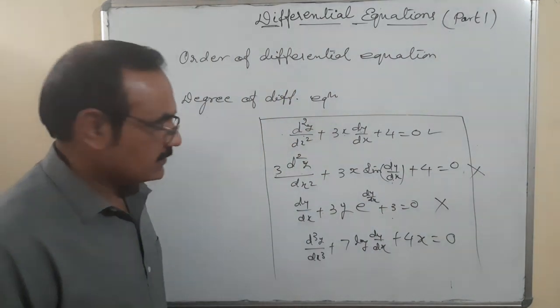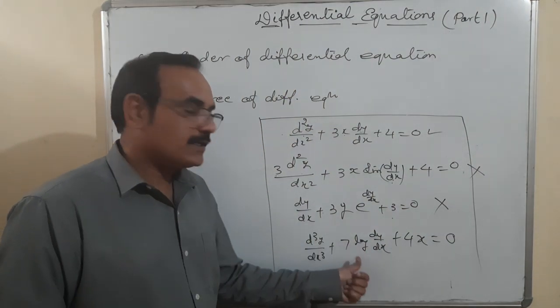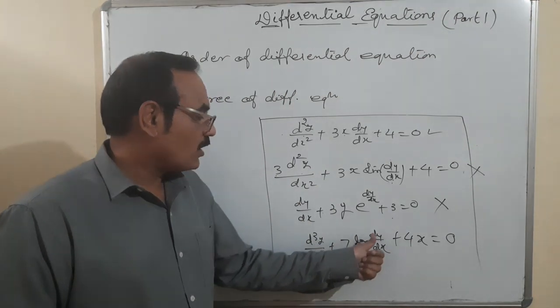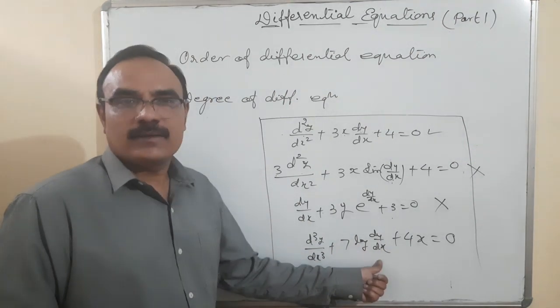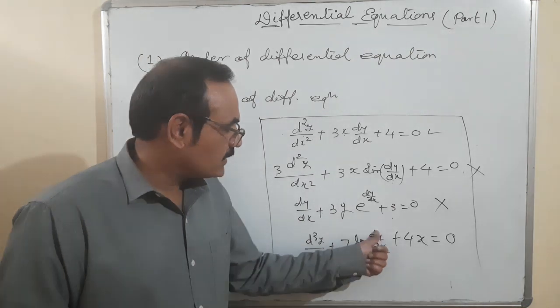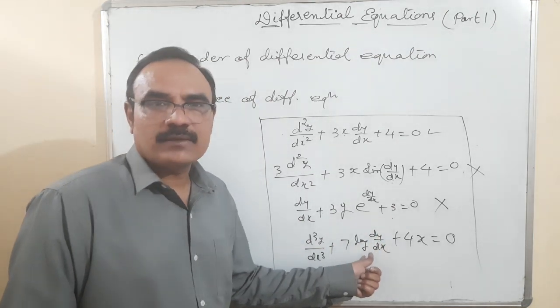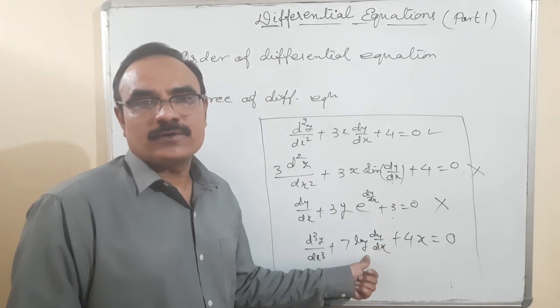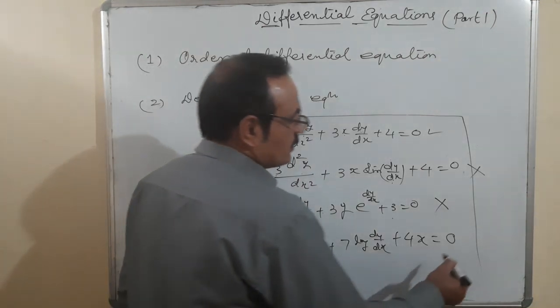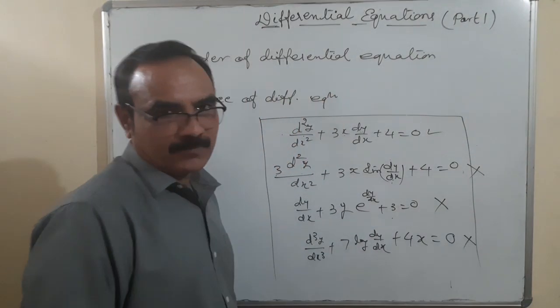Now let us check the last one. The first term is okay, but the second expression, log dy by dx, is not in the definition, since the derivative is inside a log. So this is also not a polynomial.